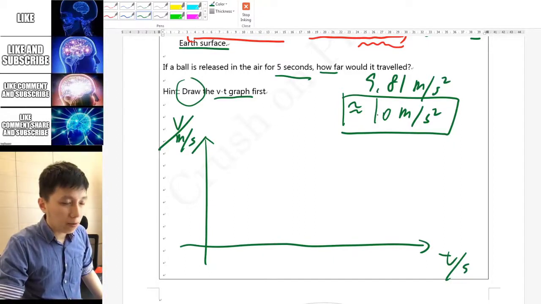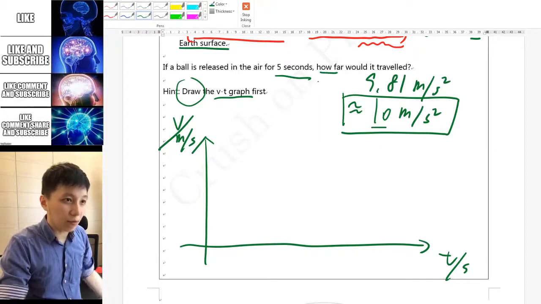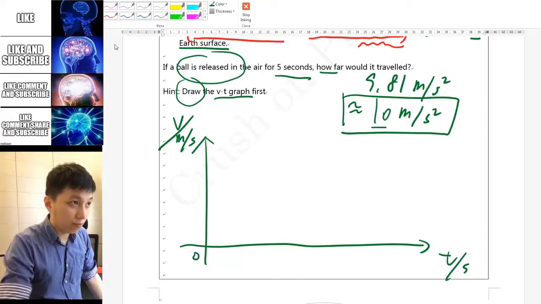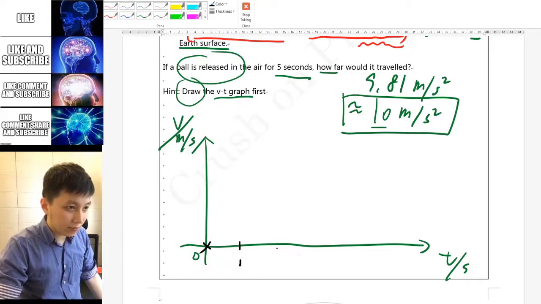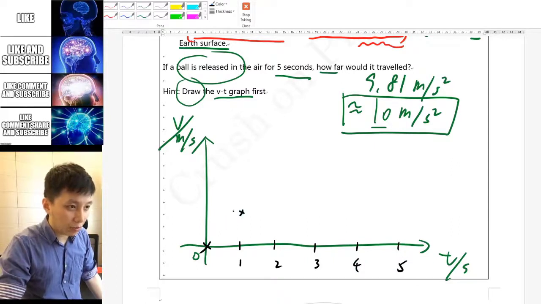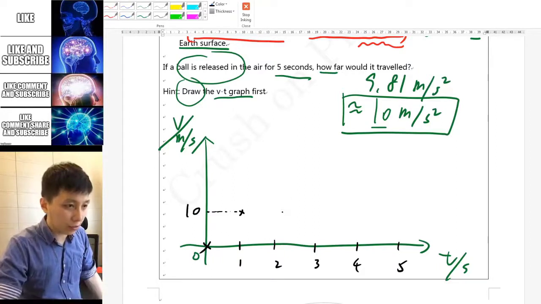Since v is going to be affected by acceleration for each second, and you start by being released in the air, you will start with 0 at the beginning. After 1 second, let me draw the x-axis first. After 1 second, you end up with 10 meters per second, according to what you learned about acceleration.